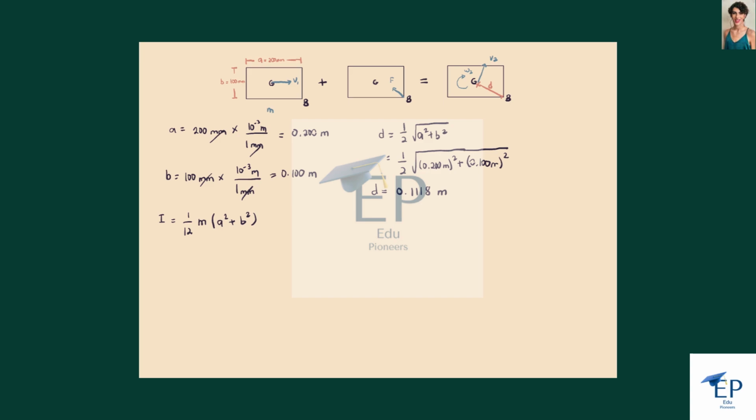Since the linear velocity can be expressed in terms of r and omega, v2 is equal to d times omega 2.